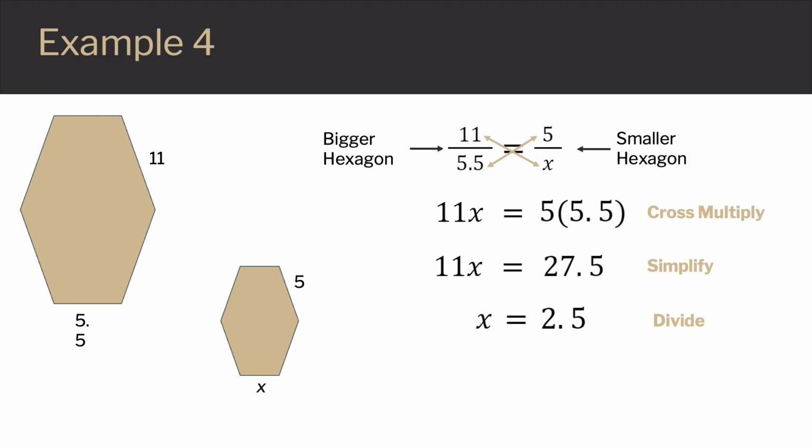Next, cross multiply, and this gives us 11x equals 5 times 5.5. Performing multiplication, we now have 11x equals 27.5. And dividing both sides by 11 gives us 2.5. So the unknown side is equal to 2.5.